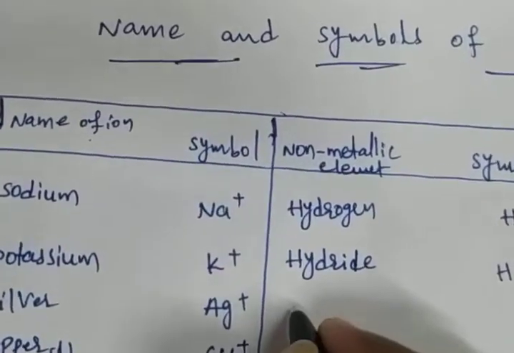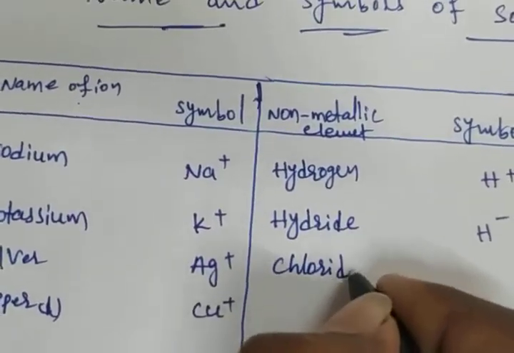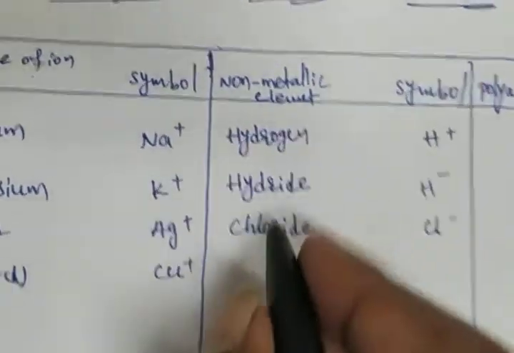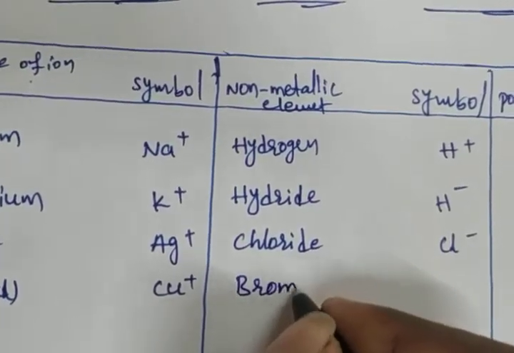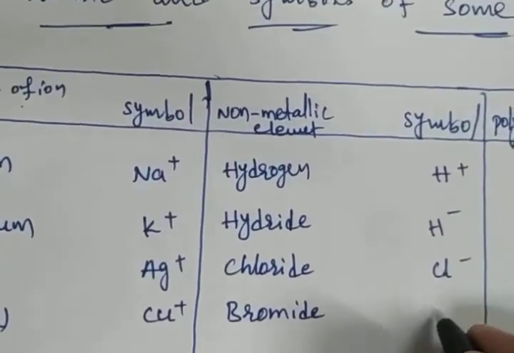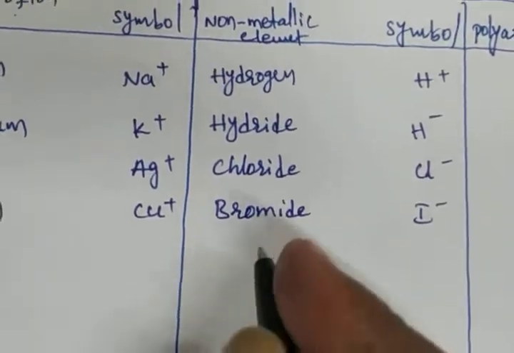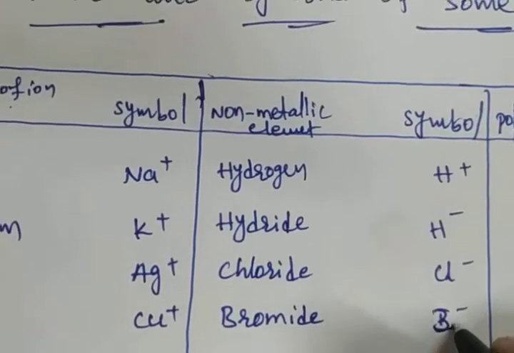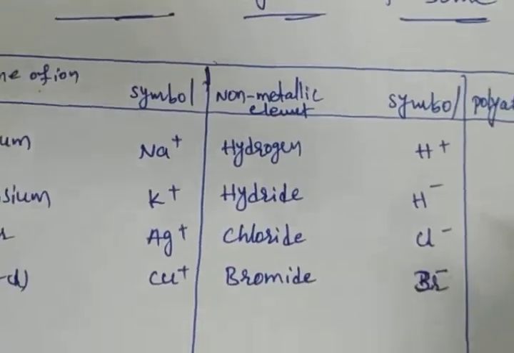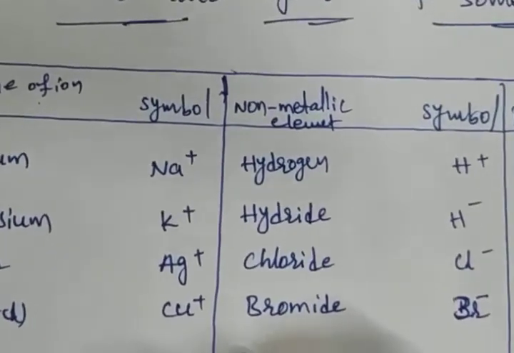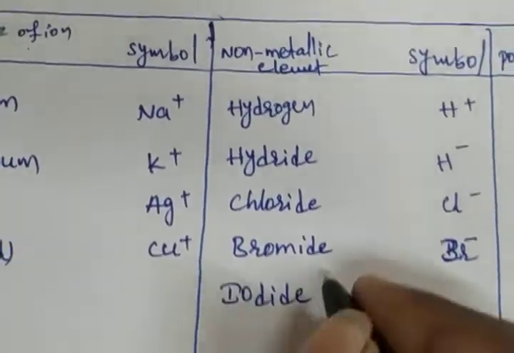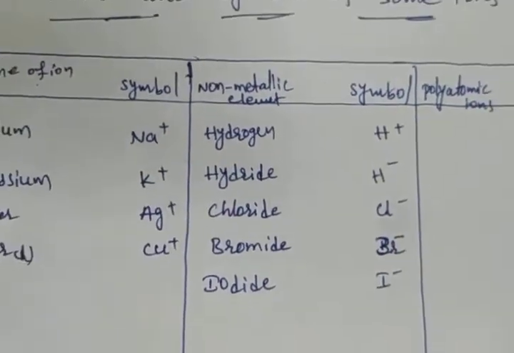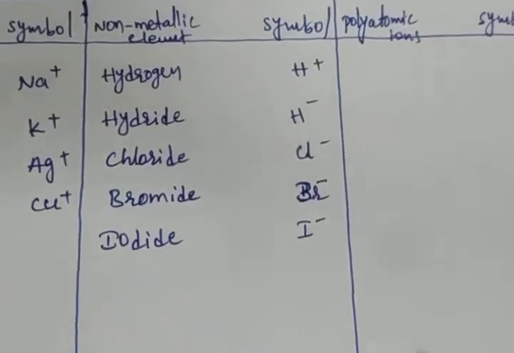Next, chloride, symbol Cl minus. Next, bromide, symbol Br minus. Next, iodide, I minus.